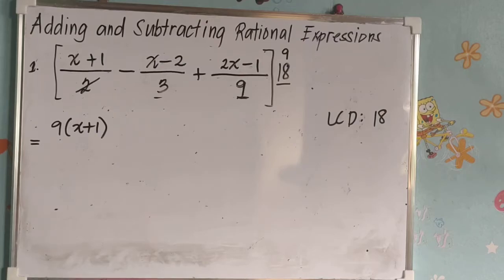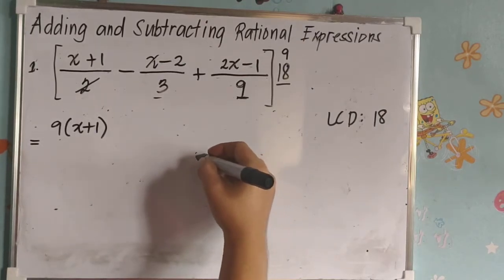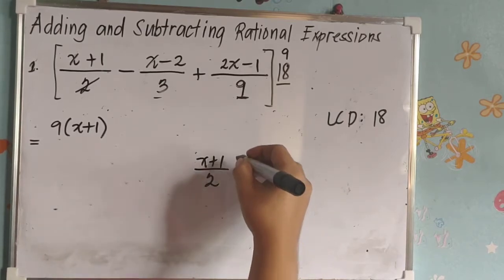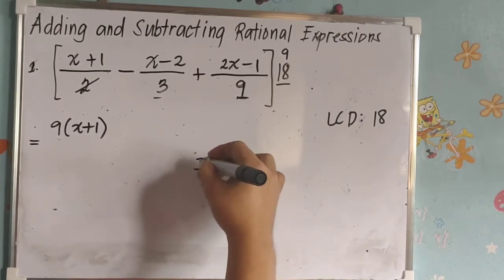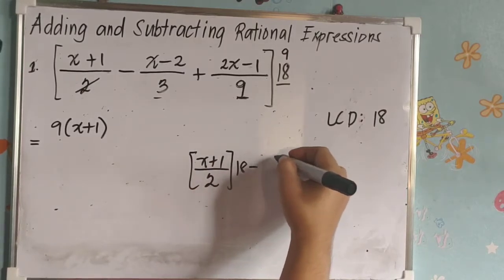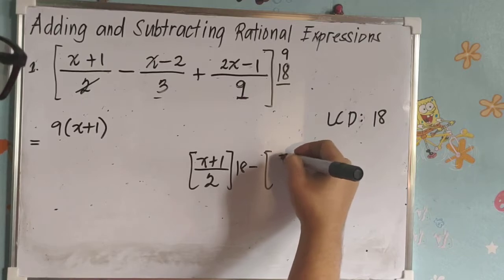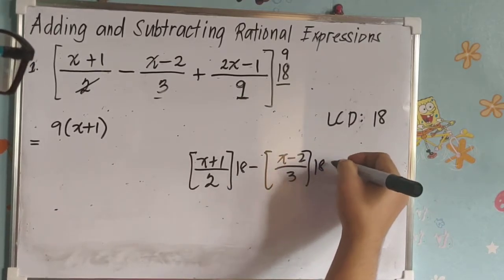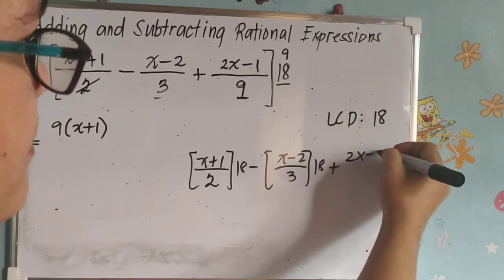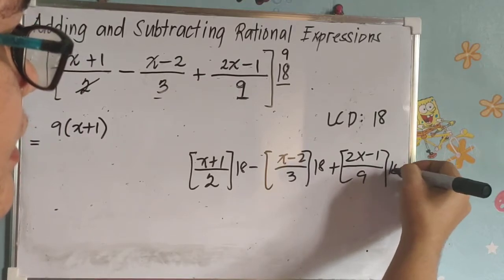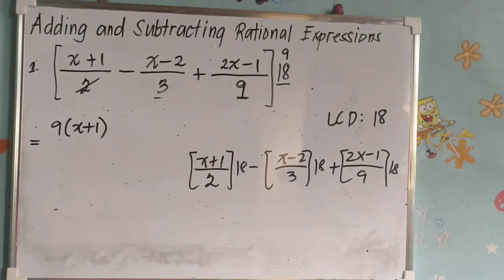Or you may write this as x plus 1 over 2 times 18, minus x minus 2 over 3 times 18 again, plus 2x minus 1 all over 9 times 18. So any method you are comfortable using.